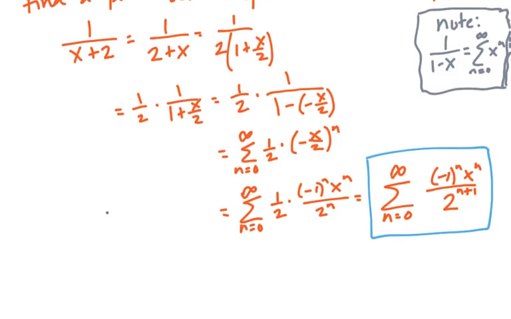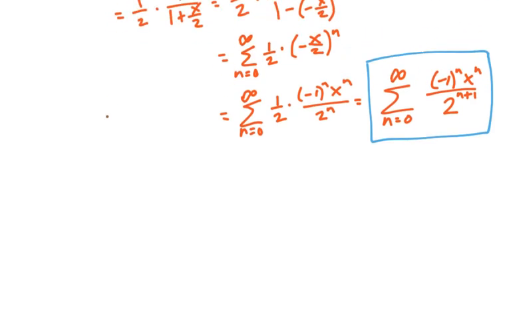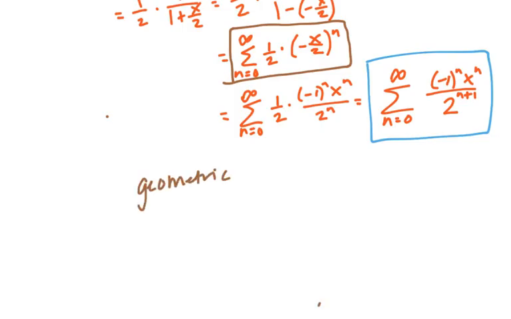Now, whenever you're dealing with a power series, we want to look at convergence and divergence. If we go back just a little bit to this term here, we can see that the series is geometric, where r equals negative x over 2. So I have convergence when the absolute value of negative x over 2 is less than 1.